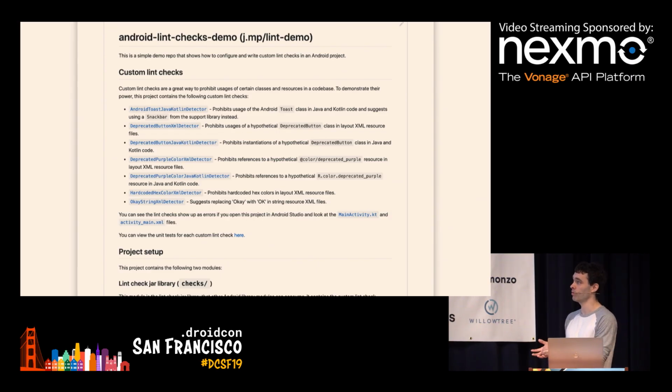They explore all the different possible ways that you can create custom lint checks. It also has details that aren't currently shown here about the project setup, what you actually have to do to get lint running in your project. But it's not too complicated. It's actually pretty simple.